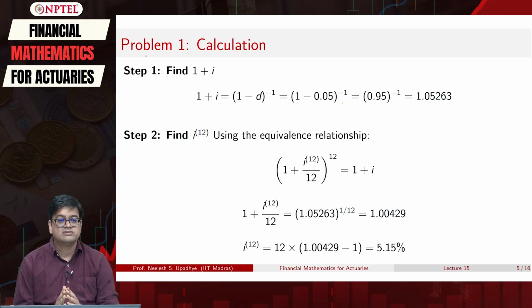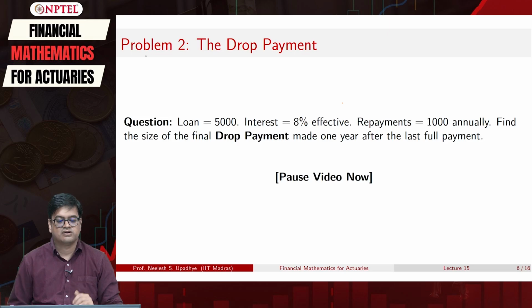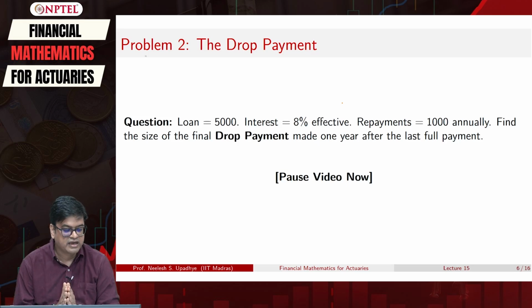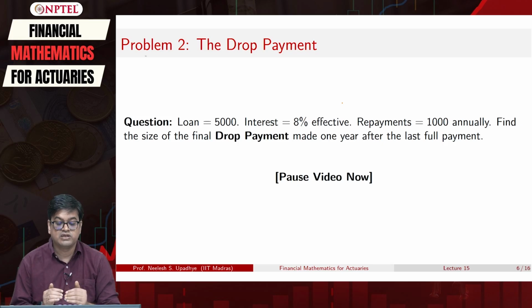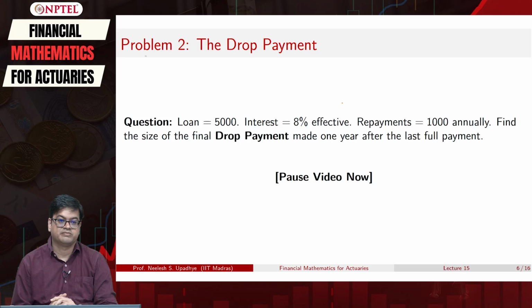Let us do slightly difficult problem which we have handled in lecture 12. Let us look at problem 2. I have a loan of $5,000, effective interest rate of 8%. I am supposed to pay $1000 annually. I want to find the size of the drop payment which will be made 1 year after last full payment.